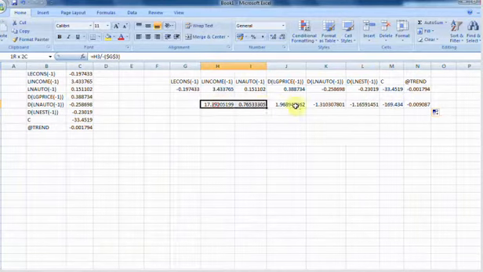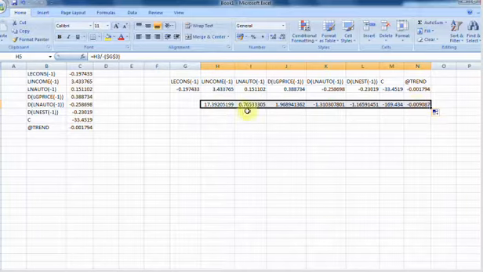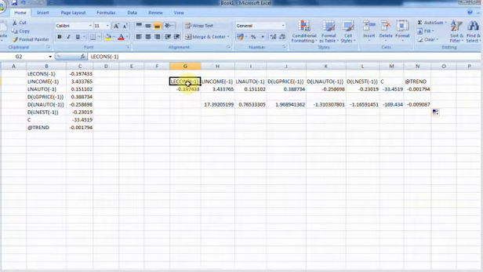You can interpret this as you do in a normal case: a 1% change in L income will cause a 17.39% increase in LE cons. So that's the normal interpretation when you use the log values.